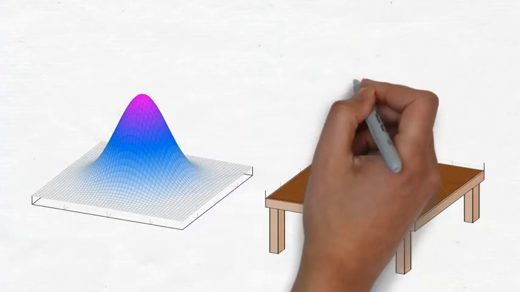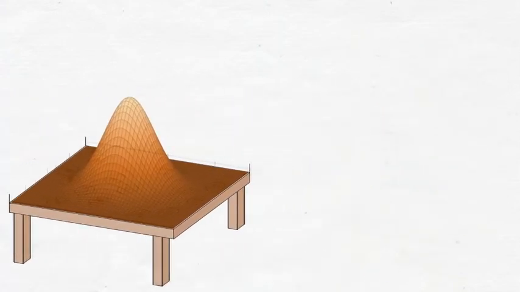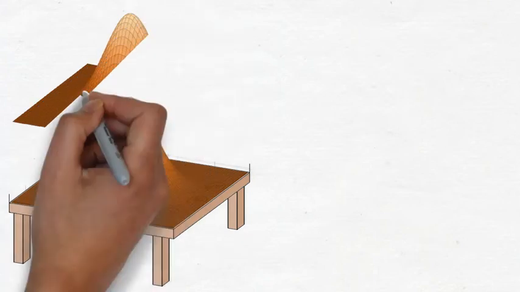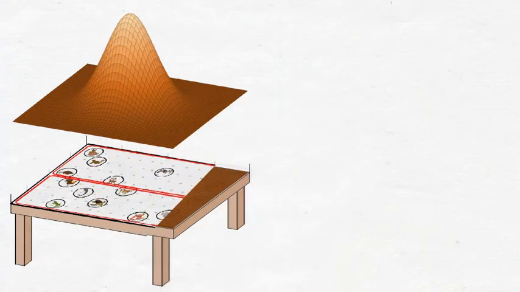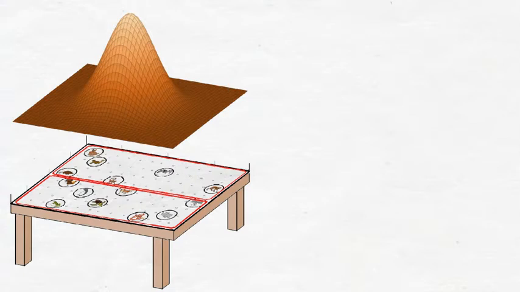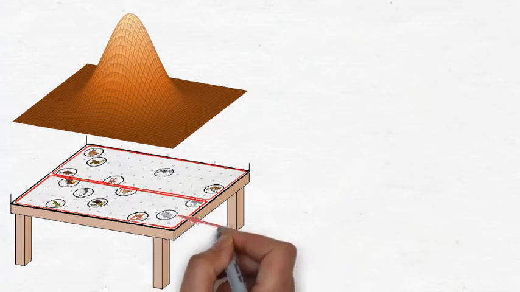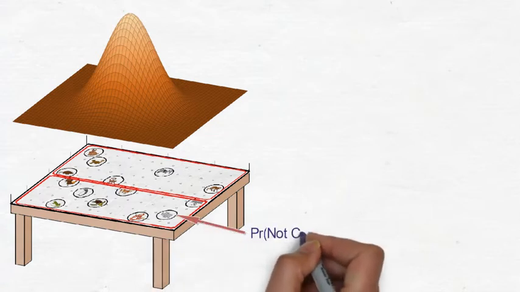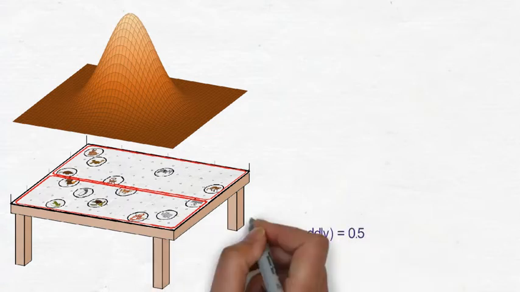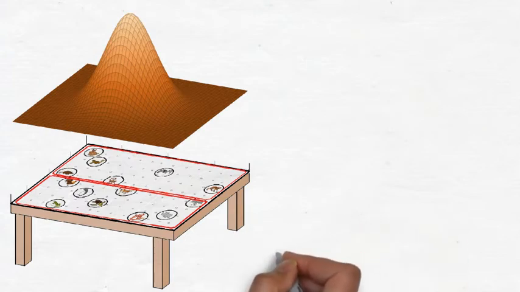So suppose you wanted to know specifically the probability that the animal will be, let's say, not cuddly. This outcome, if you'll recall, is represented by that area on the bottom half of the table. And in this case, about 50% of the mud is situated over that half. So the probability function is telling you here that it's only 50% probable that the animal will be not cuddly.